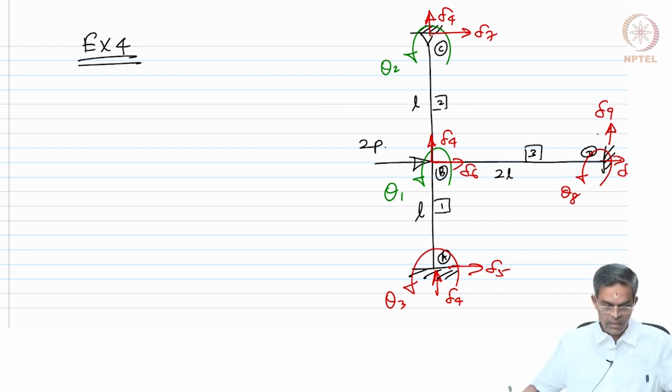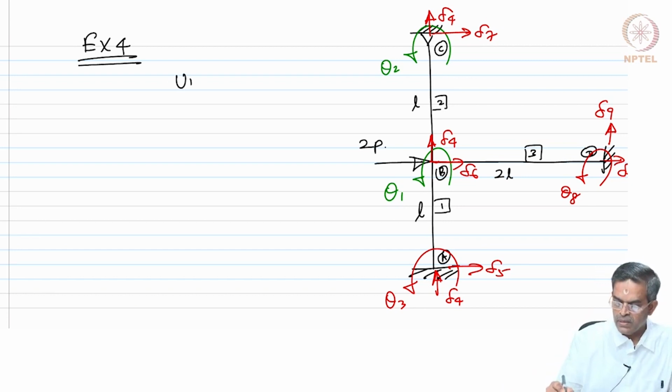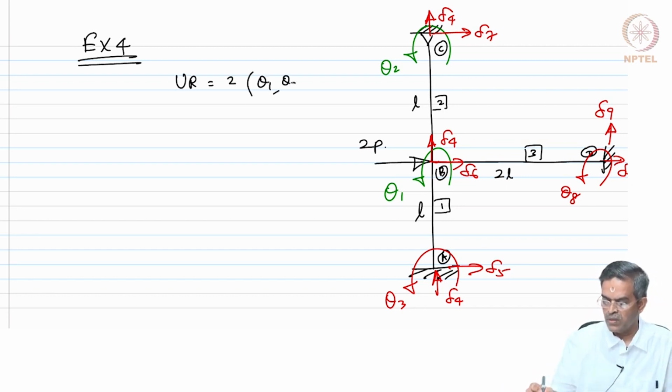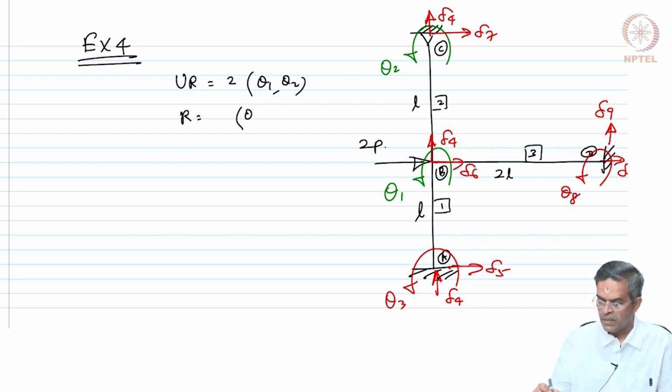So, I have 9 degrees of freedom. The unrestrained degrees of freedom are 2, which are theta 1 and theta 2. The restrained degrees of freedom are theta 3, del 4, 5, 6, 7, theta 8 and del 9, which is 7.